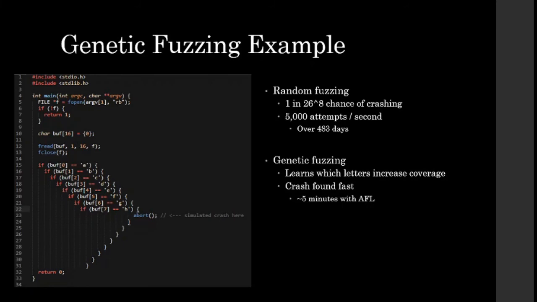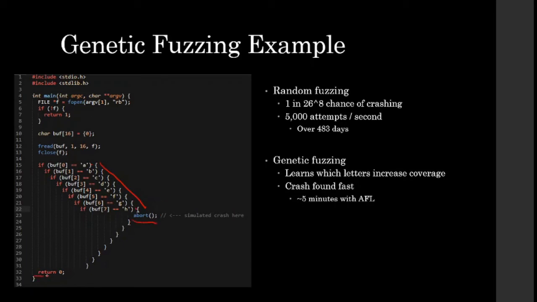Code like this on the left really illustrates why genetic fuzzing can work a lot better than many of the other methods. Here we have some very nested if statements. This program will take up to 16 characters, and then it checks through the first 8, and if it's A through H, it hits this code which causes a crash.